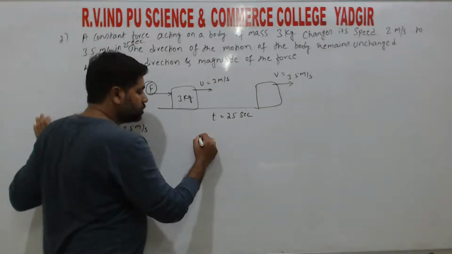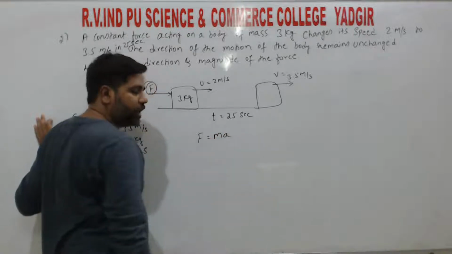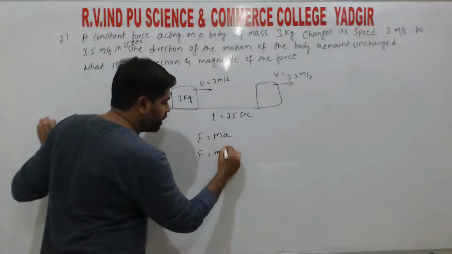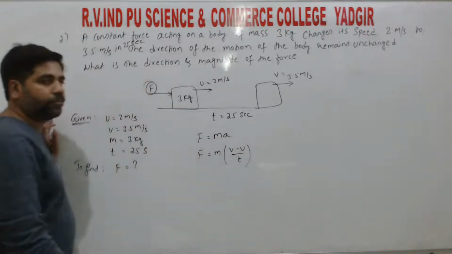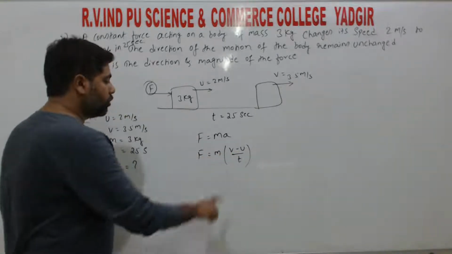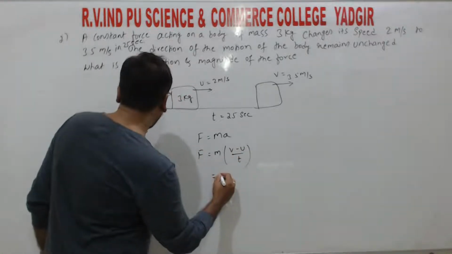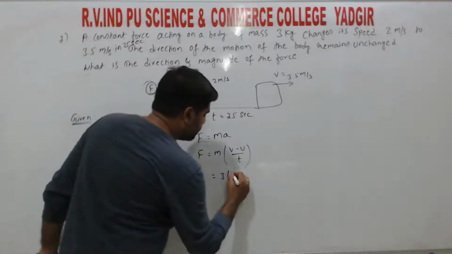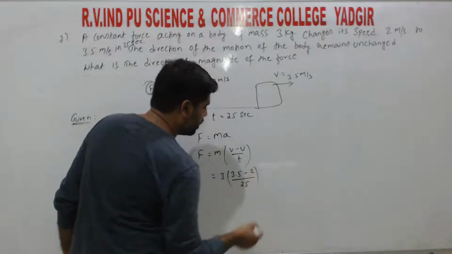Again from Newton's second law, F is equal to m into a. We can write F is equal to m into (v minus u) divided by t, because a is equal to (v minus u) by t. Substituting, mass is 3 kg, final velocity 3.5 minus 2, divided by 25.